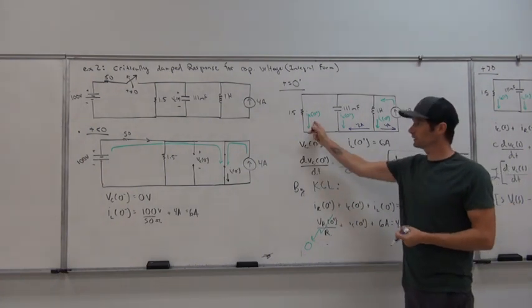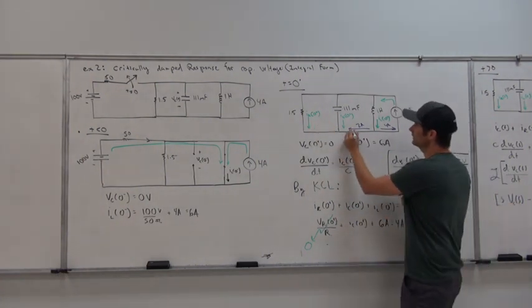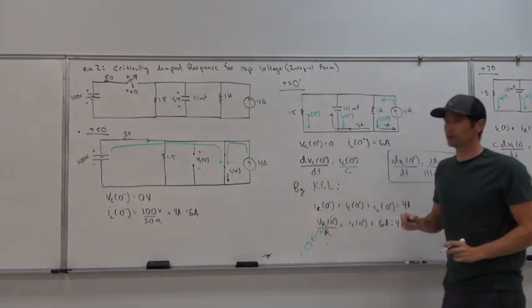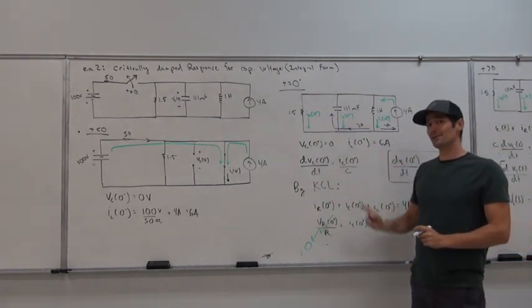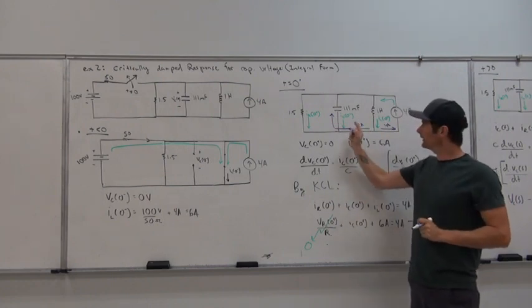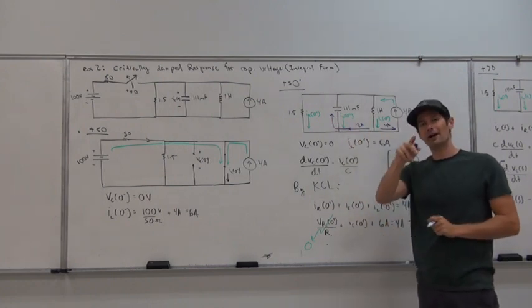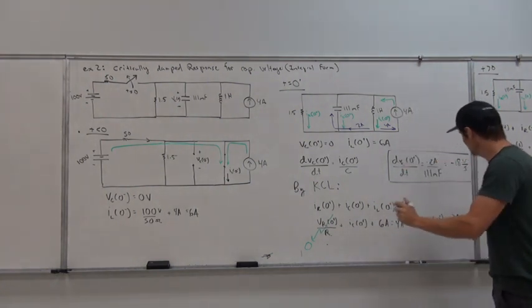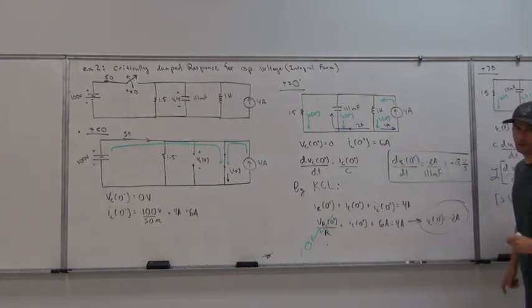And since no current can go to the resistor, this current is actually going into the negative terminal of the capacitor, and in fact, that is opposite of how we defined IC of 0 plus by passive sign convention up front. So in fact, we do get negative 2 amps right here.